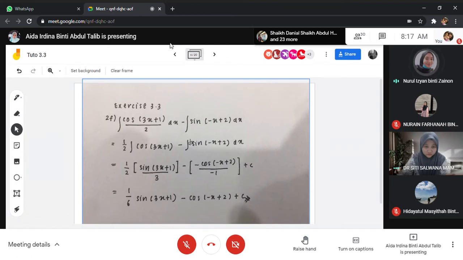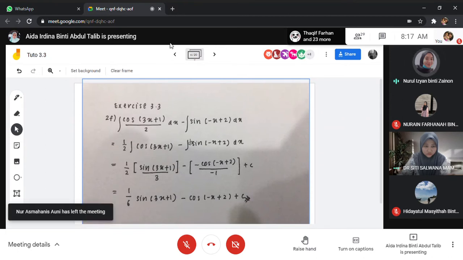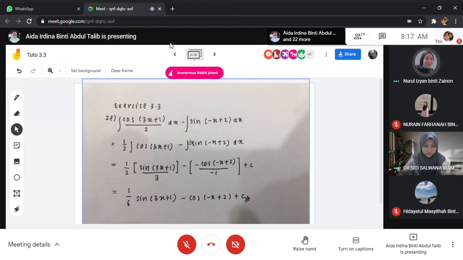Then we need to integrate cos 3x plus 1 ni dia jadi sebab cos bila integrate dia jadi sin 3x plus 1 over 3 minus integrate yang ni pula, so sin integrate dia jadi negative cos negative x plus 2, so integrate dalam bracket negative 1 plus c, so the final answer is 1 over 6 sin 3x plus 1 minus cos negative x plus 2 plus c.